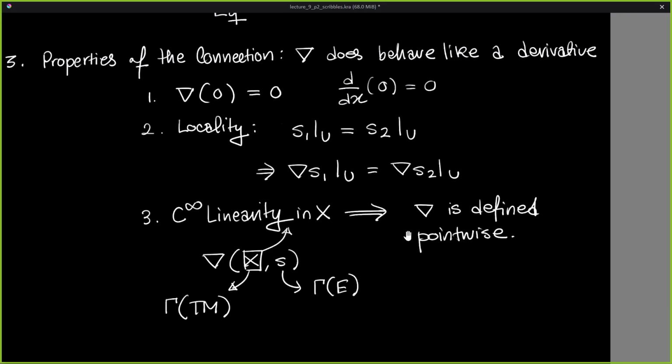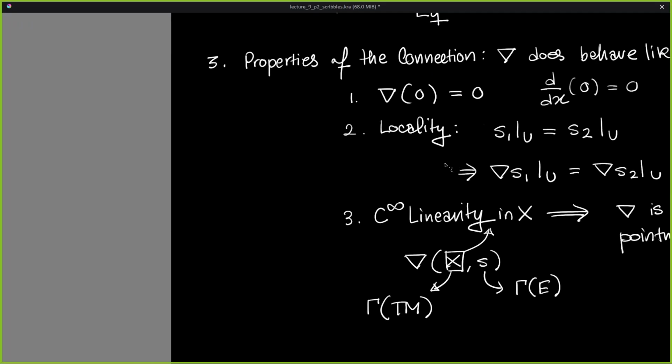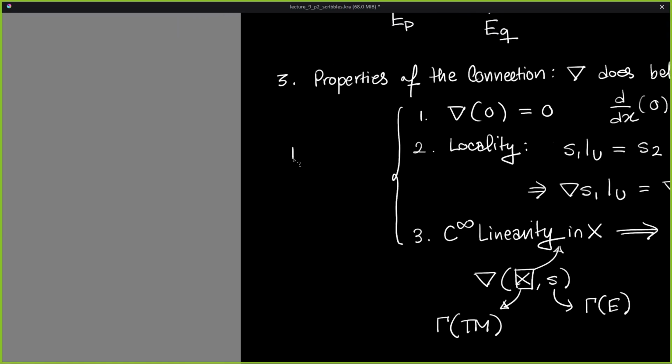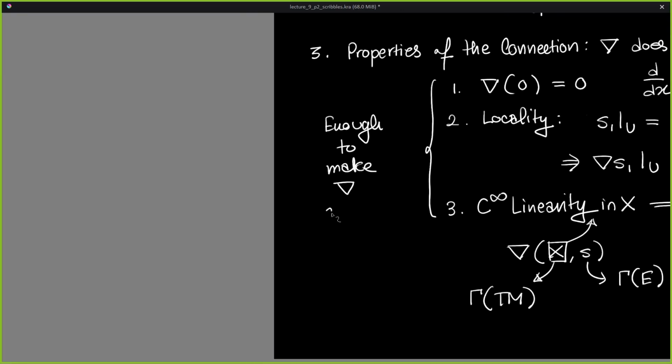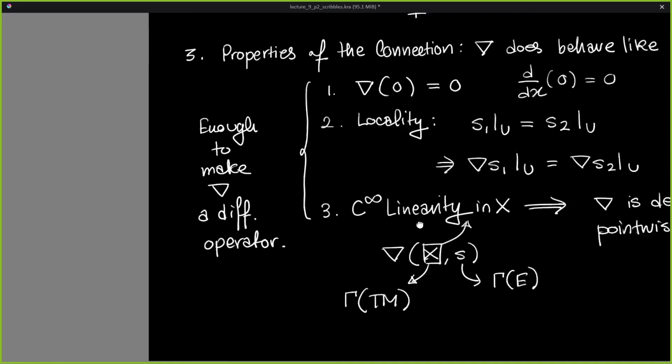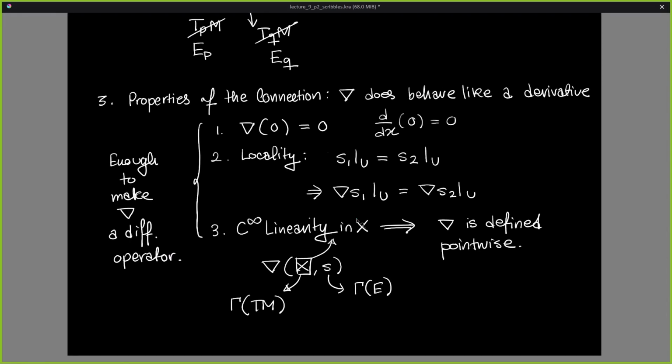So these three properties, I'm not going to prove it here, are enough to make nabla a derivative operator, or I think it's better called a differential operator. That was the significance of these properties.